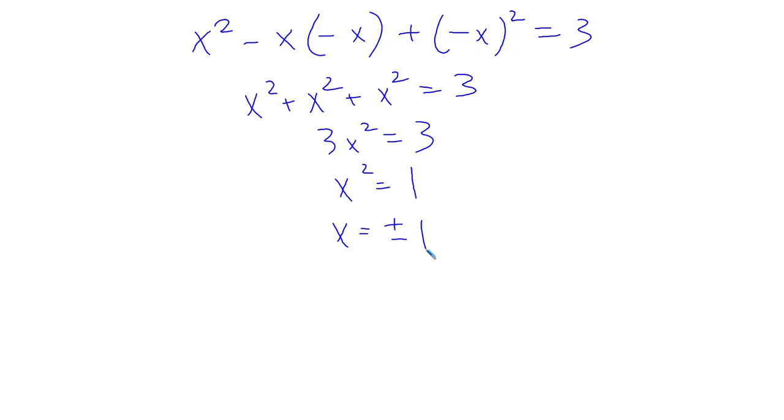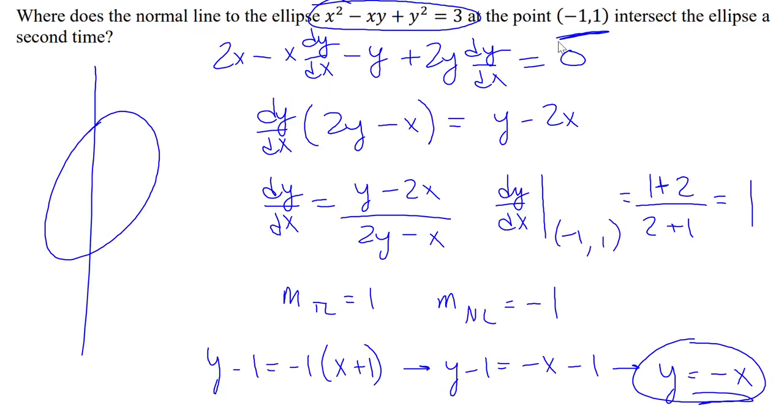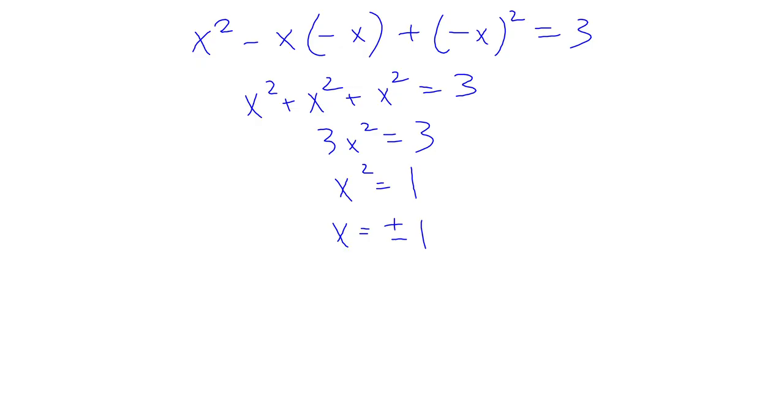Well, we already found the point when x was negative 1, so all we really care about is the point when x is equal to 1. And so we have 2 options. One is we can use just y equals negative x, which in this case is going to be much, much easier. The other option is we can plug it into the ellipse.